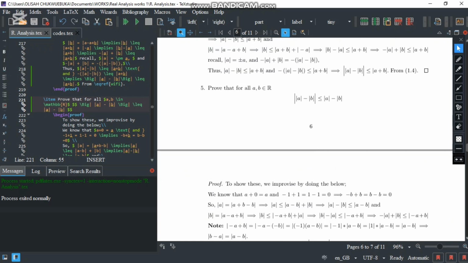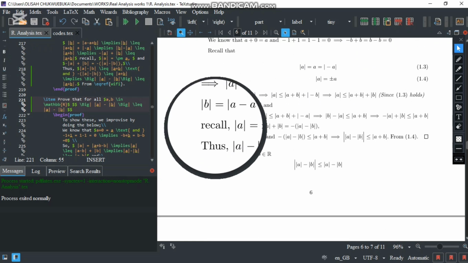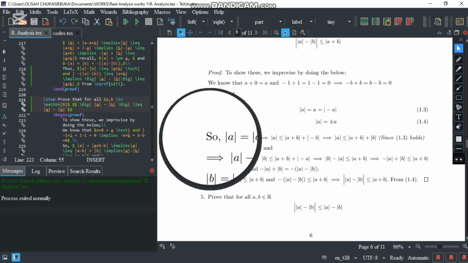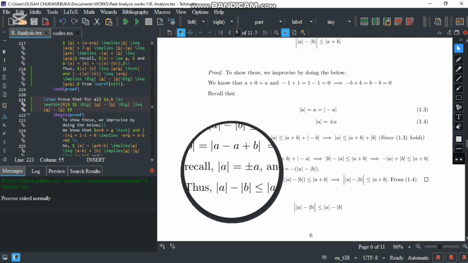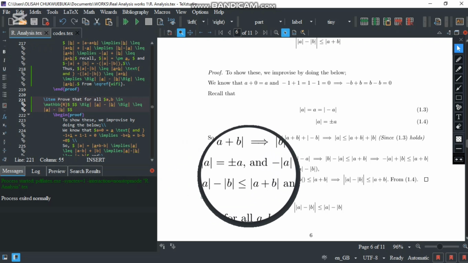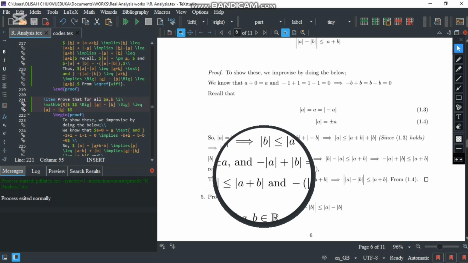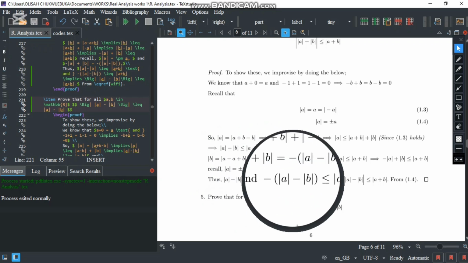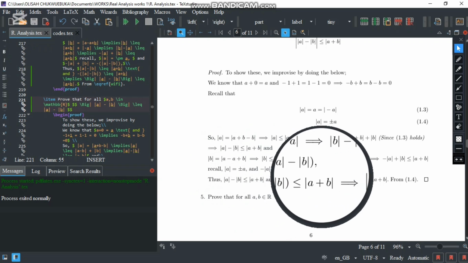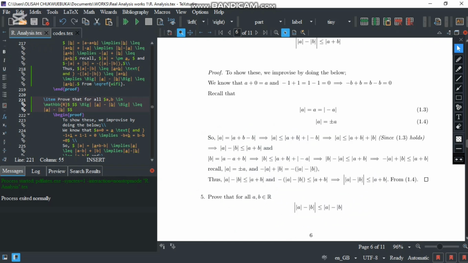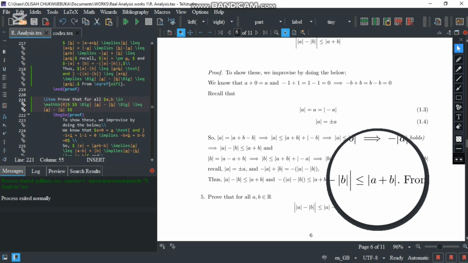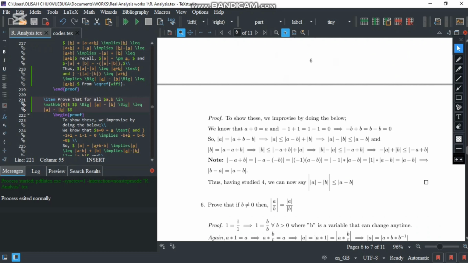Thus, having studied from our previous class, the absolute value of a minus b here is less than or equal to the absolute value of a plus b, and the negative of the absolute value of a minus the absolute value of b is also less than what? a plus b here. So meaning that the absolute value of a minus the absolute value of b is less than or equal to the absolute value of a plus b, and that is actually the same thing that happens here.